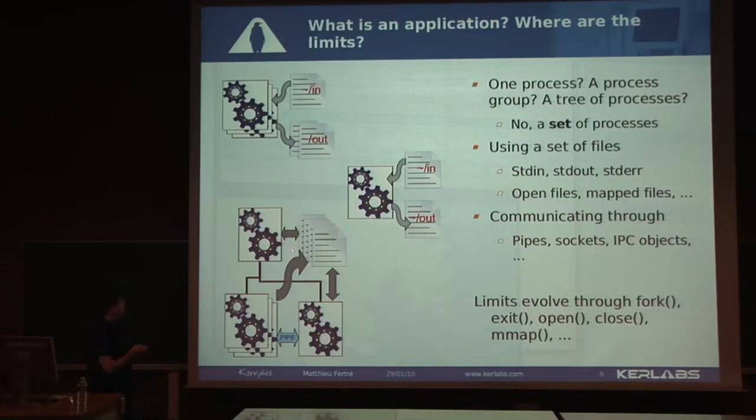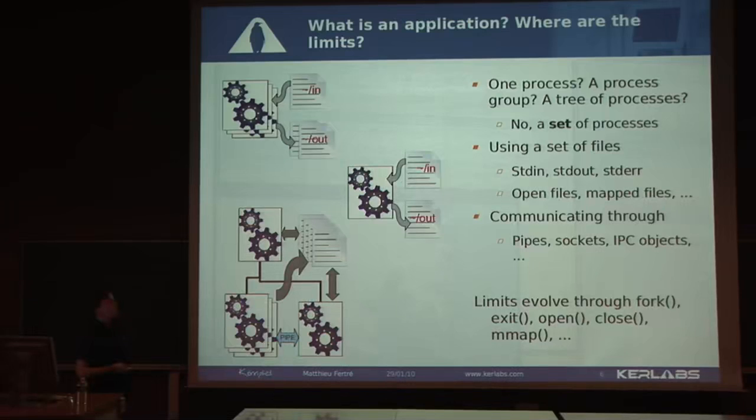So for instance, if you imagine this application, here you have 3 processes, 1 process, 2 processes, and here you have a multi-threaded process. If this process stops, and those processes are reparented to init, that doesn't mean that they are not in the same application. In Kerrighed, those processes are still seen as being in the same application. This is generally not the case in other checkpointers.